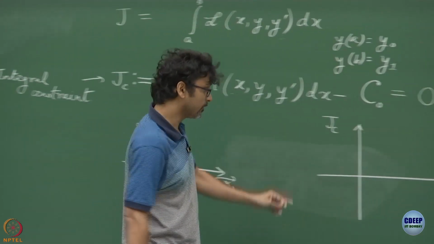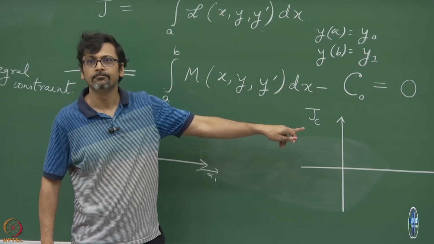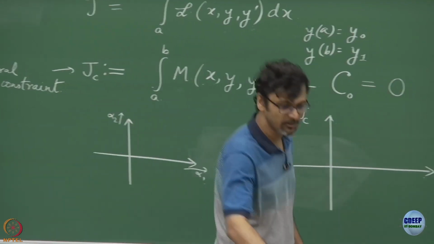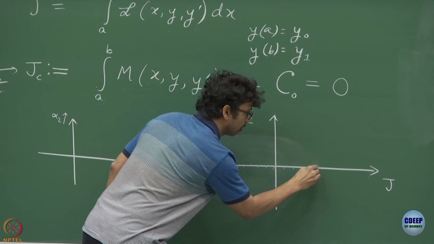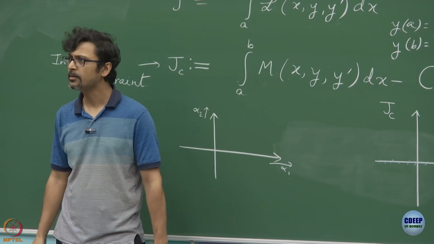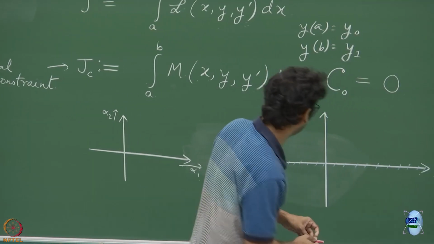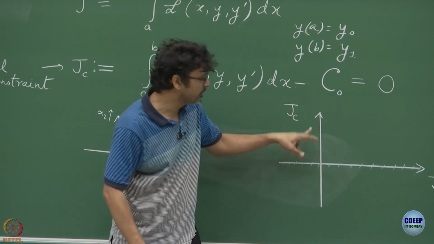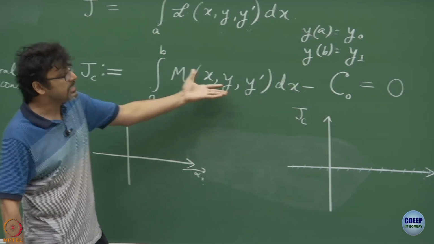Except for the fact that now, if you have to meet the constraint, you are essentially confined to only points on the x-axis. Is this clear? Because obviously if you don't sit on this x-axis, then you will have JC assuming some non-zero values, which means that you are not meeting the constraint condition.